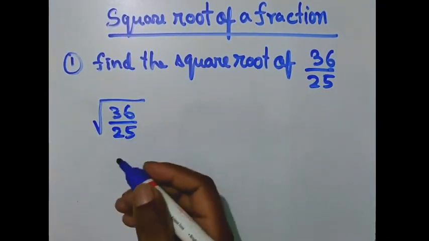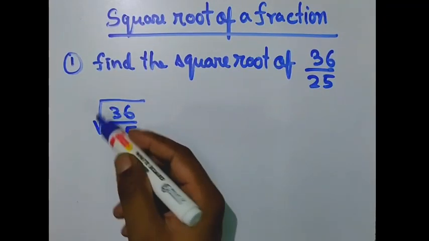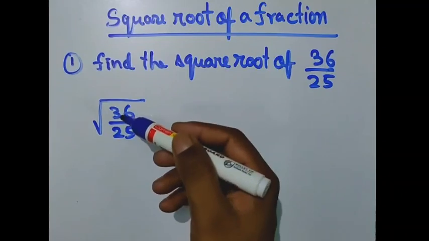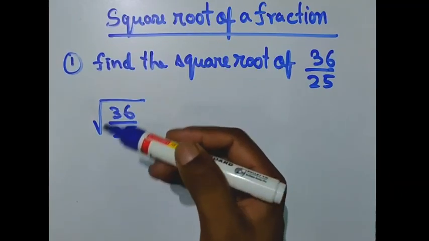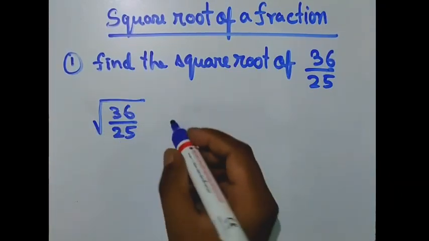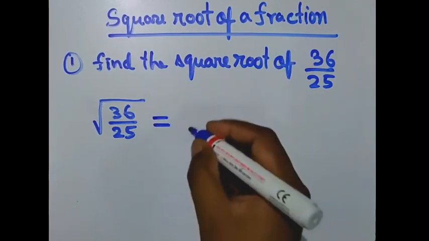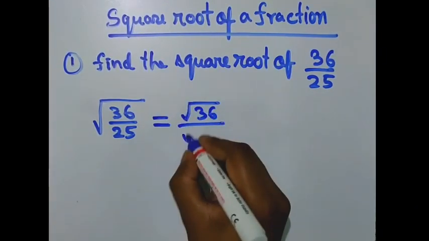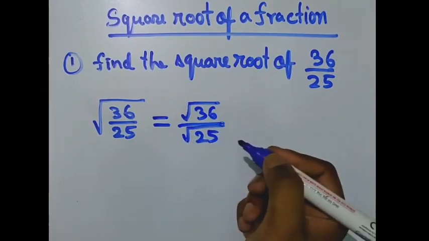Now what we can do is we can simply find the square root separately of numerator and denominator. So we can denote it as square root of 36 by square root of 25.